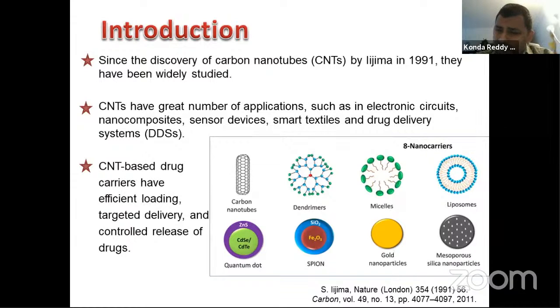Today I'm not going to talk about other kinds of nanocarriers. I'm going to talk about carbon nanotubes, mostly single-walled carbon nanotubes: how we have used them for efficient loading of the anti-cancer drugs doxorubicin and paclitaxel, and how we achieved controlled release of these drugs.